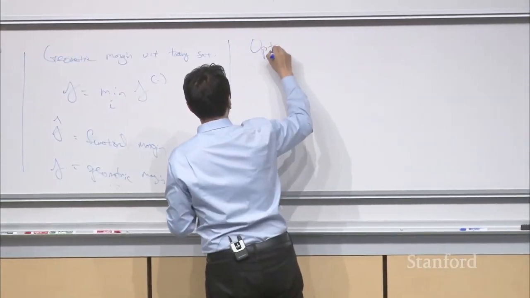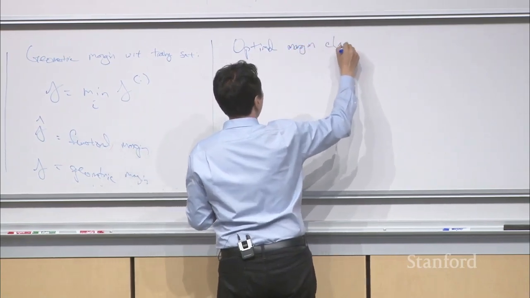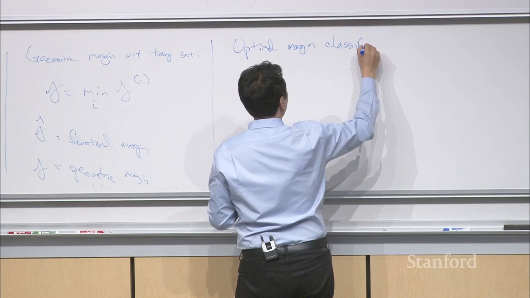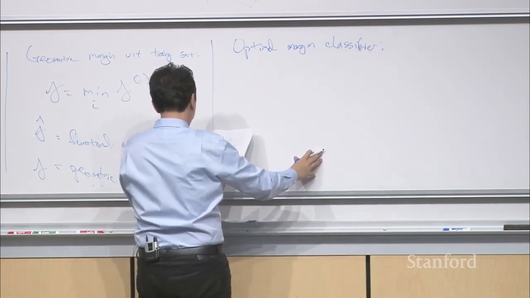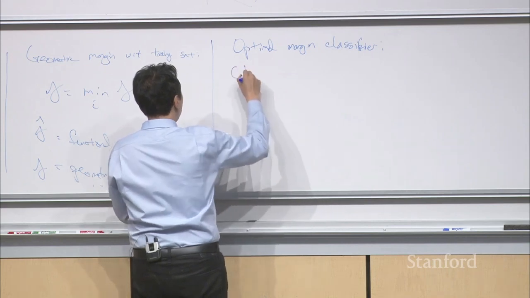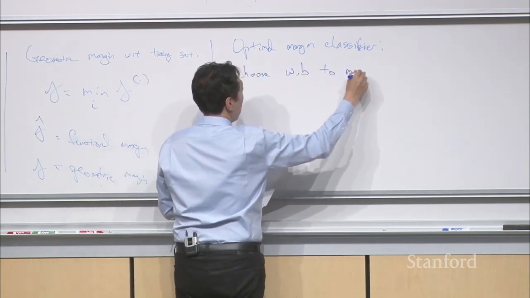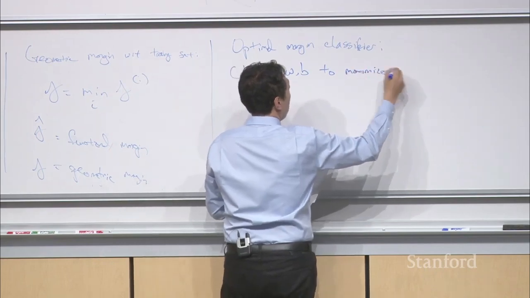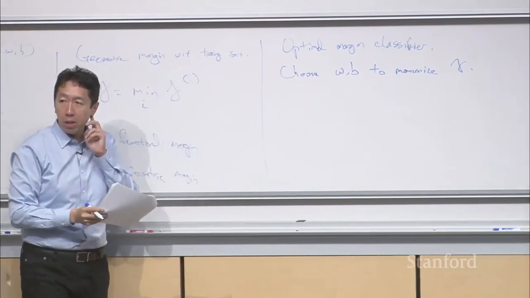What the optimal margin classifier does is choose the parameters W and B to maximize the geometric margin.